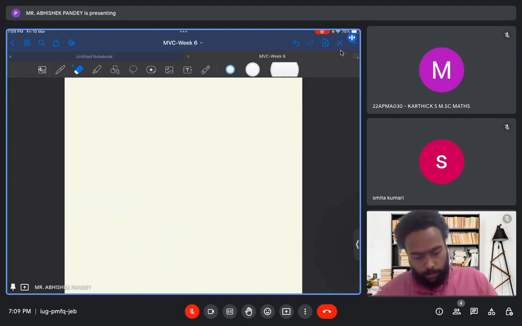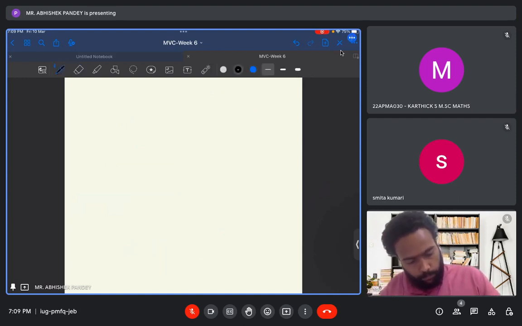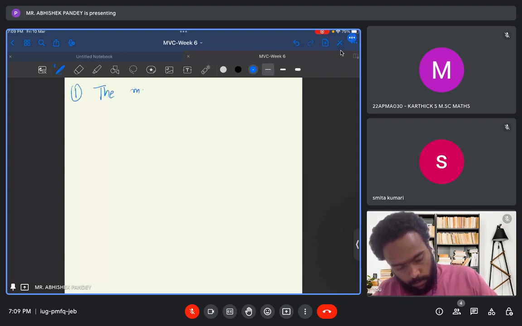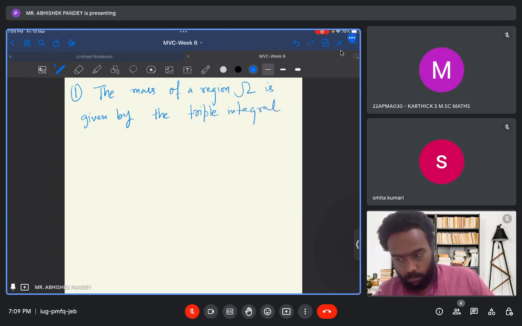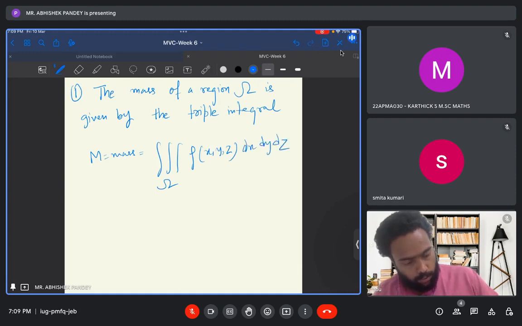Similarly, for the triple integral, the mass of a region omega is given by the triple integral of rho of x comma y comma z dx dy dz. So this is basically a density function.